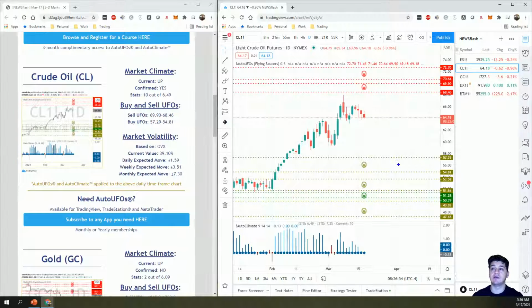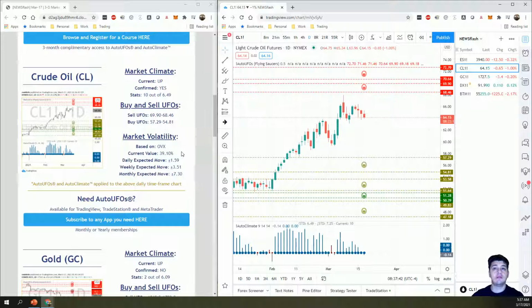Daily time frame unfilled orders will end up leaving bigger trace amounts of unfilled orders. Now, as I said earlier, we look at these as potential profit targets, especially if we're trading and the trading is going our way. A potential exit would be where an opposing UFO might be.